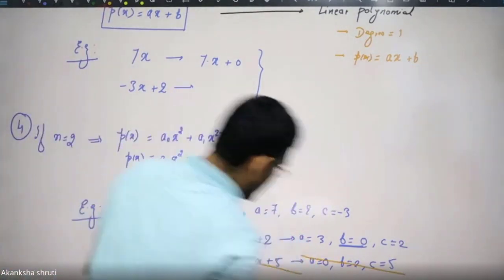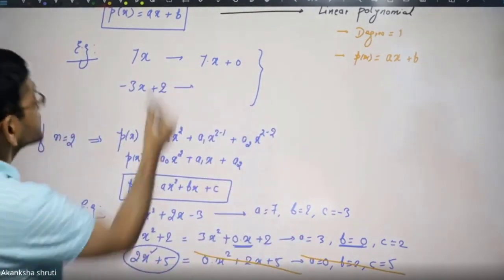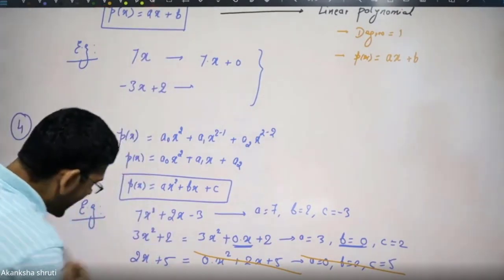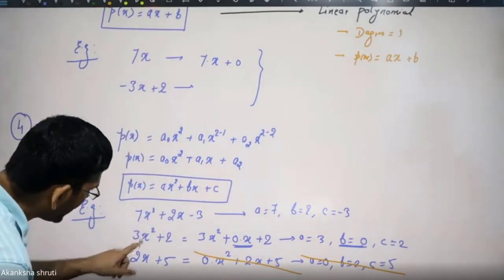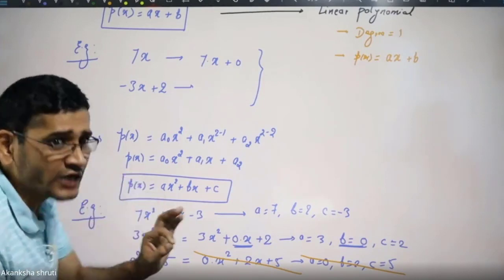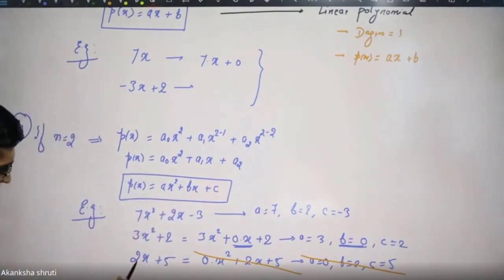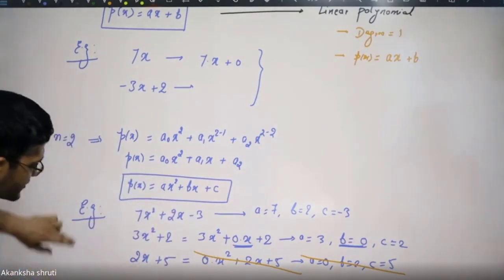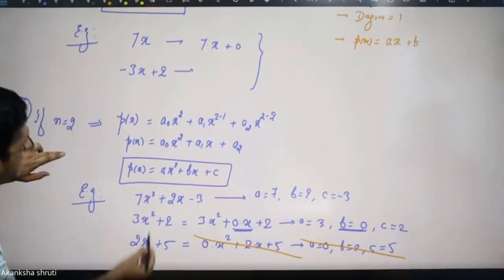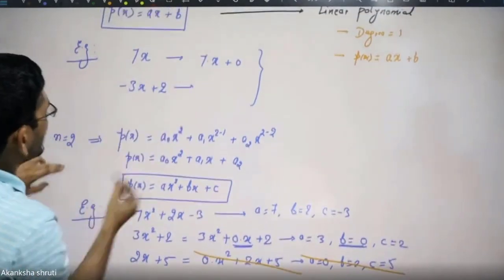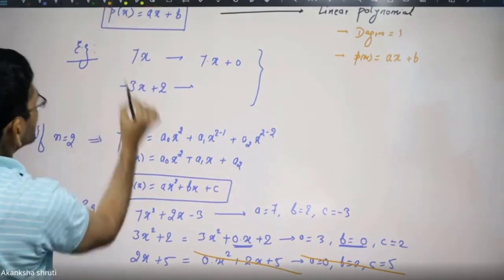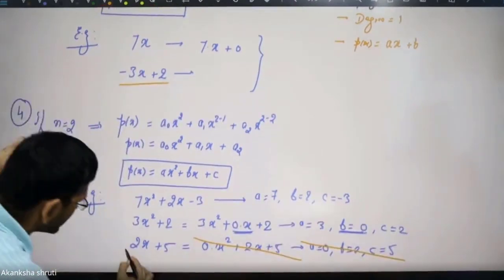Okay, now what we have concluded from here is that this x square term cannot be missing. Why? When the x square term is missing, it simply means it becomes a linear polynomial.